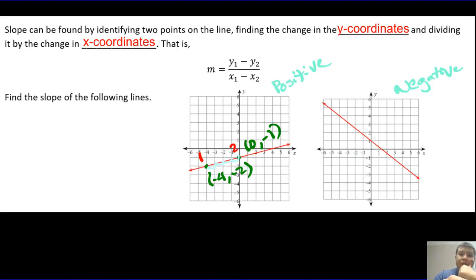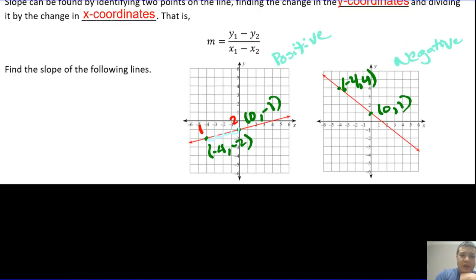Here what we're going to do is do the same thing. We know our slope is going to be a negative number. Let's just find 2 spots on it first though. -4, 4. So that's -4, 4, and that'll be our 1. Another spot that we have is 0, 1. Why not?